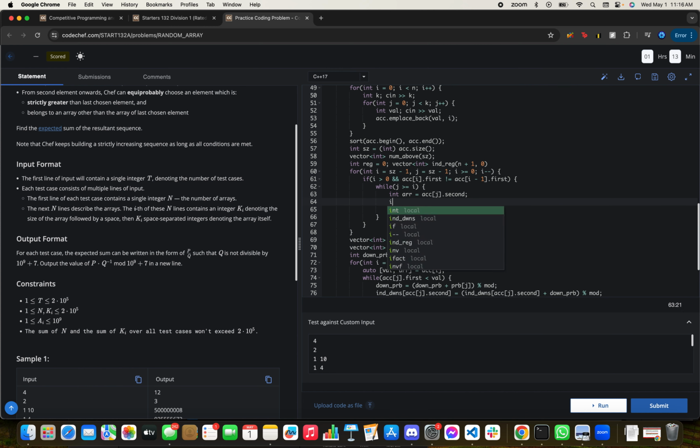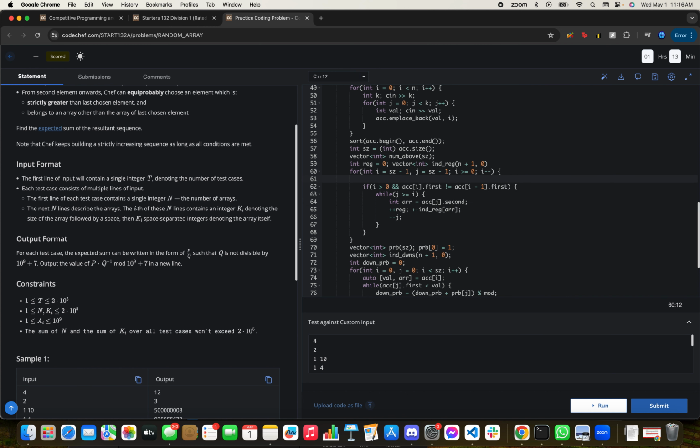Right now we want to just do, yeah, at this point num above I is equal to reg minus indreg, ri dot second, ac j dot second.